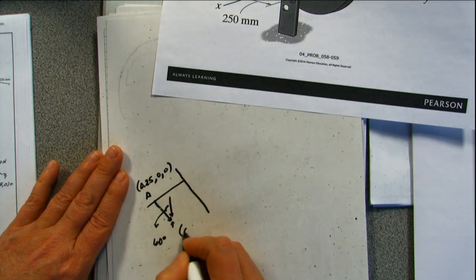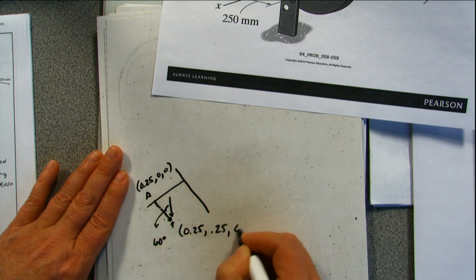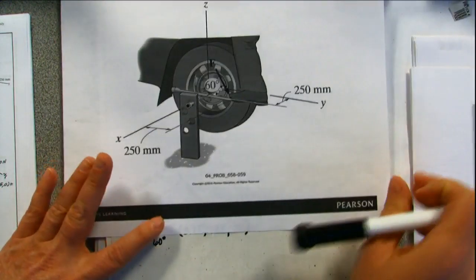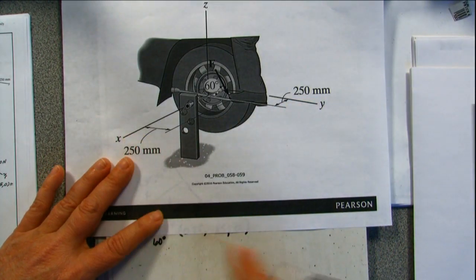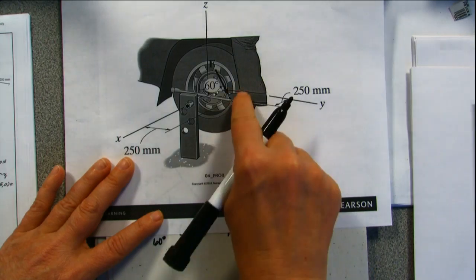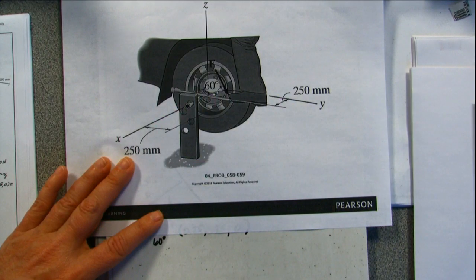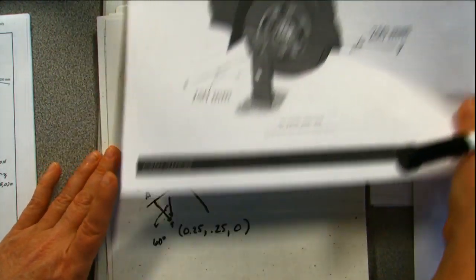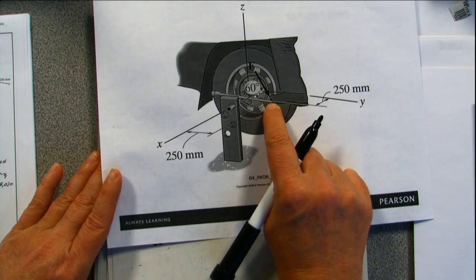This is at 0.25, 0.25, 0, because I'm at 25 millimeters this way, 25 millimeters that way. This is in the plane of my XY plane. And this is the point that we're looking at, so that's 0.25, 0.25, 0, because it's in the plane.